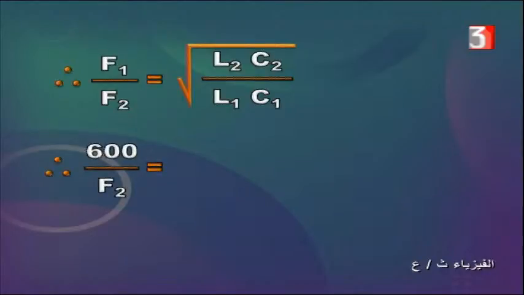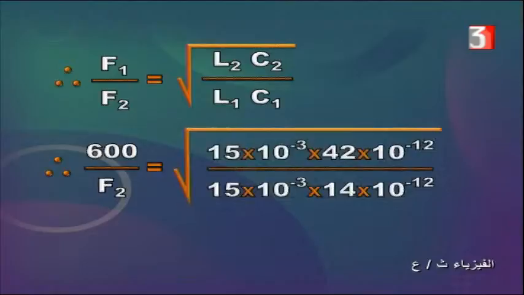So 600 over F2 equals the square root of 15 times 10 power negative 3 times 42 times 10 power negative 12, over L1, which is 5 times 10 power negative 3, times C1, which is 14 times 10 power negative 12. In this way, F2 is calculated and it is 200 kilohertz. It will be in kilohertz since we used F1 in kilohertz.